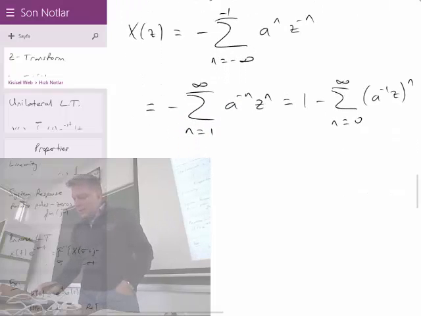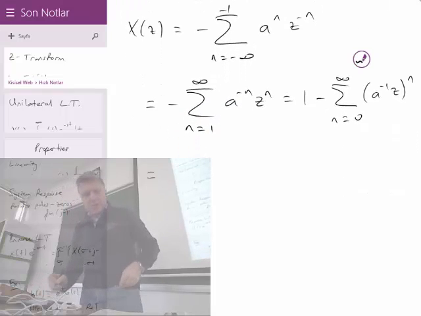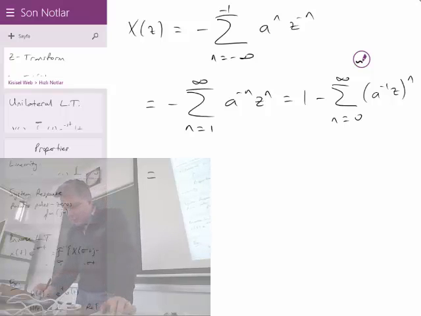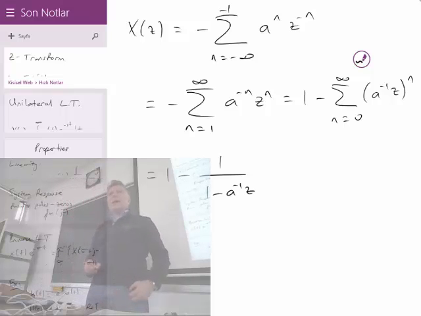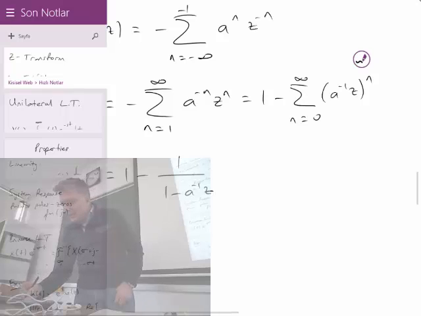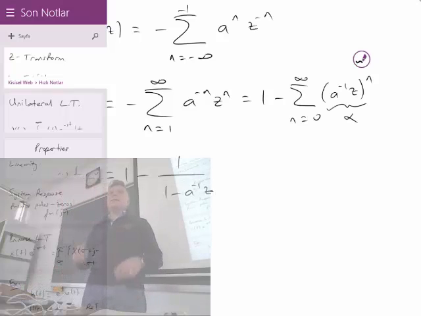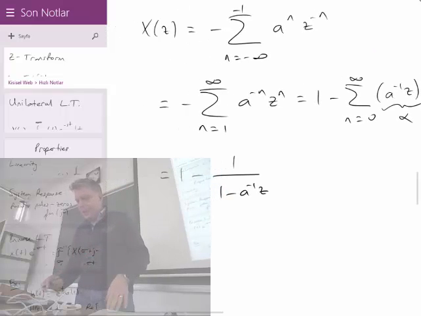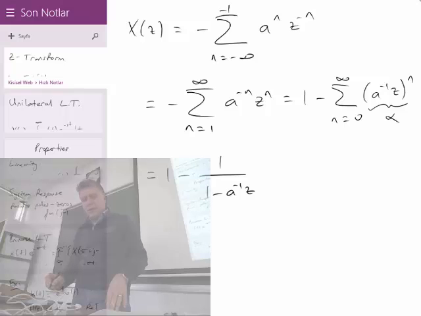So what is this summation equal to? That summation is 1 minus 1 over 1 minus a inverse z. And I'm again assuming that this thing is alpha, and that alpha is, let's assume, smaller than 1. So 1 minus 1 over a inverse z is what we get.